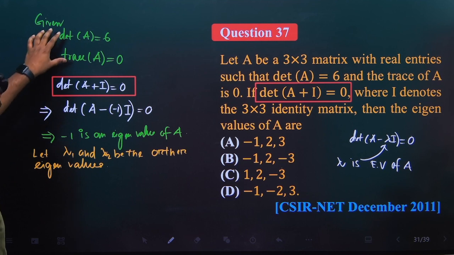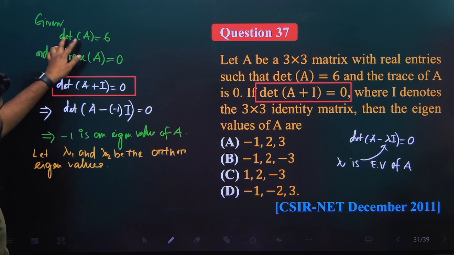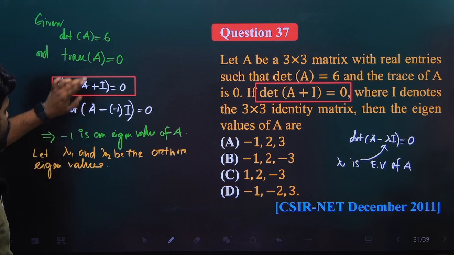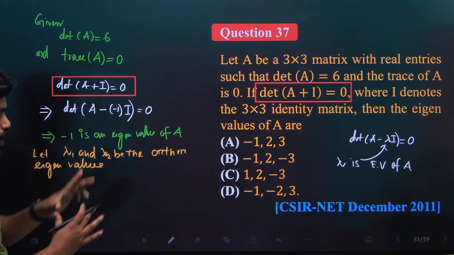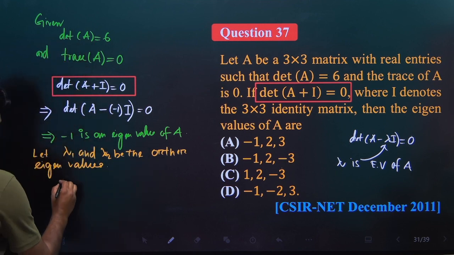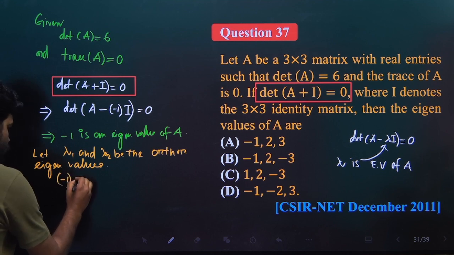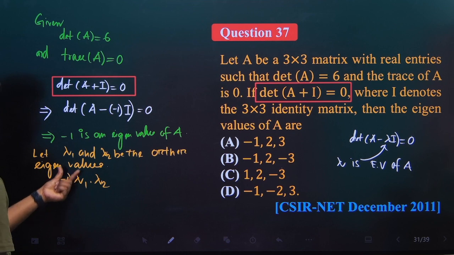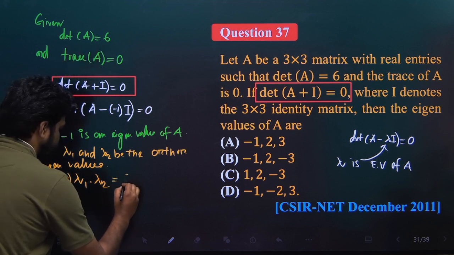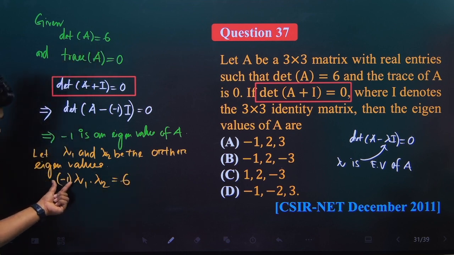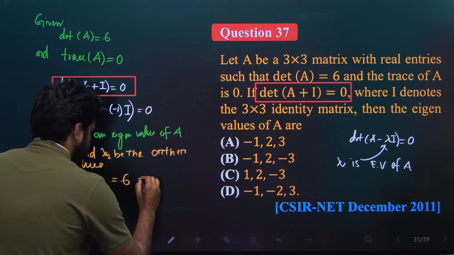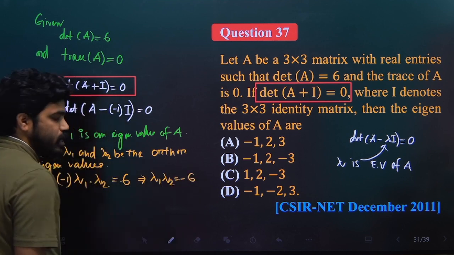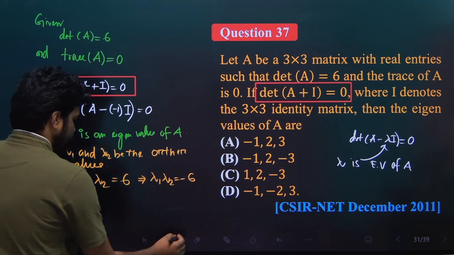By the given condition, determinant A is 6 and trace A is 0. Determinant A is the product of the eigenvalues, and we get -1 is an eigenvalue. So the product of the eigenvalues is equal to the determinant of the matrix. So we get lambda 1 lambda 2 is -6, right?